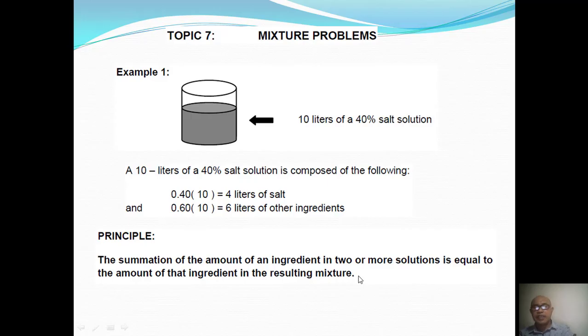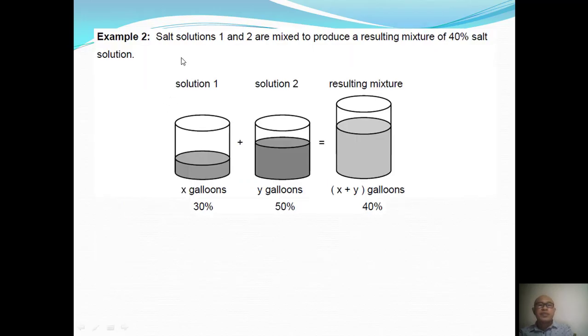So let us say we have here salt solution 1 and salt solution 2 mixed in order to obtain a resulting mixture containing 40% salt. Let us say this is X gallons of 30%. Then we mix Y gallons of 50%.